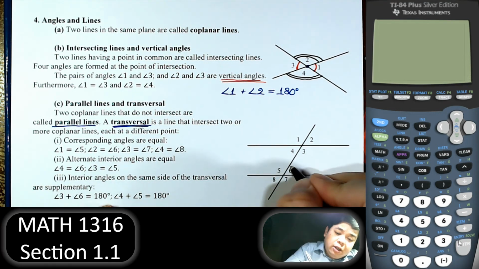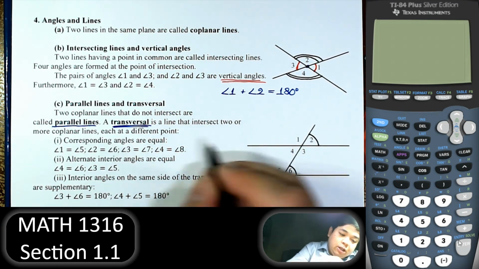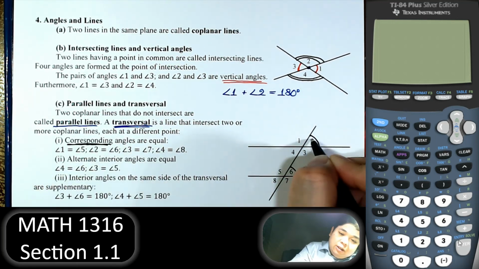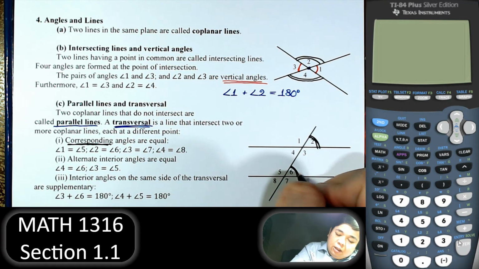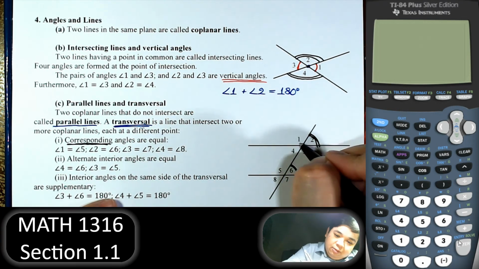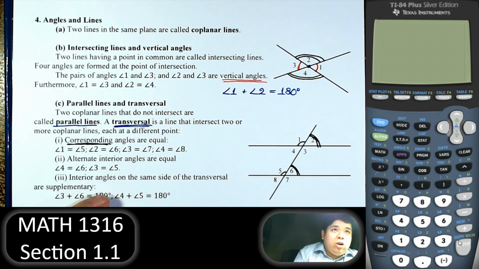For example, 6 and 2, those are called corresponding angles. Or angles 1 and 5. So those are corresponding angles.